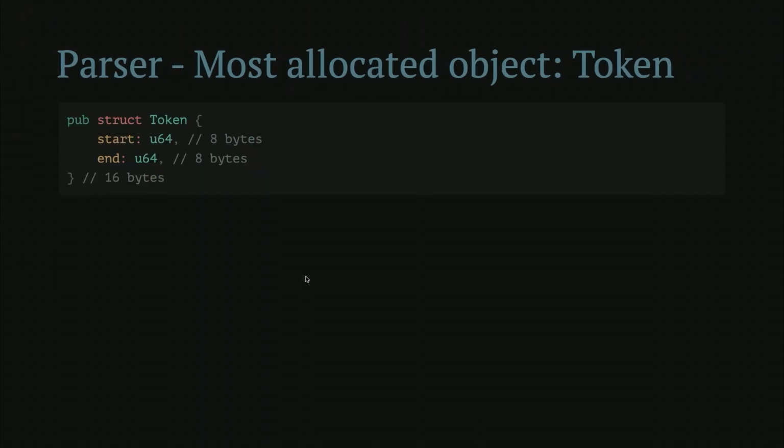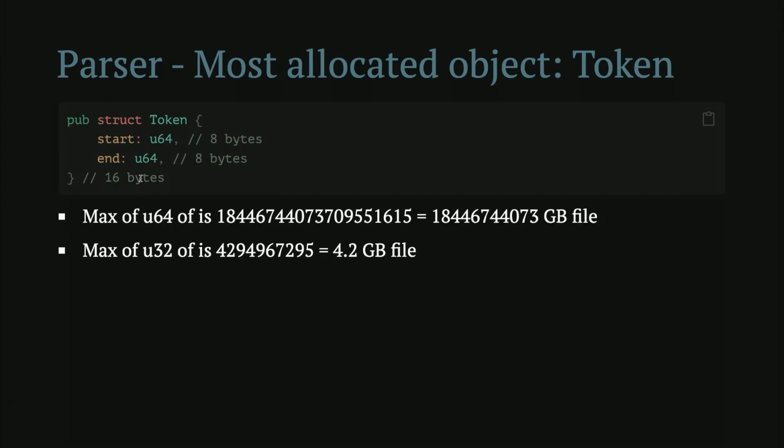In the token, there's also a start position and an end position. In JavaScript, all you do is use a number. But in Rust, you can say it's an unsigned 64-bit number, and that will be 8 bytes each, so 16 bytes. In a typical JavaScript program, declaring the start and end position in the source text as 64-bit would allow a huge file. This is not reasonable.